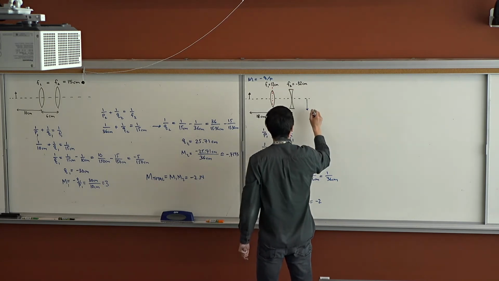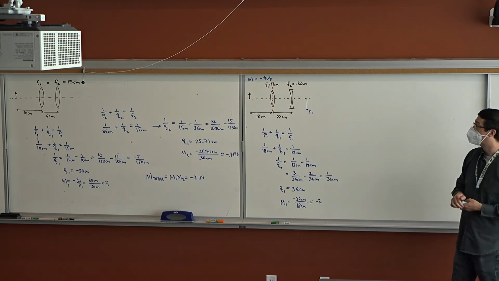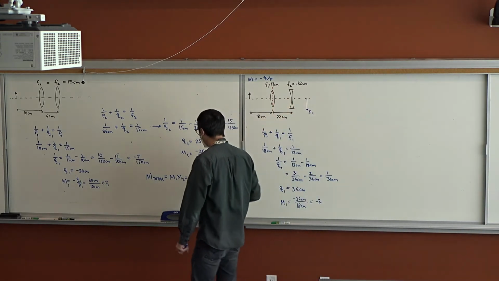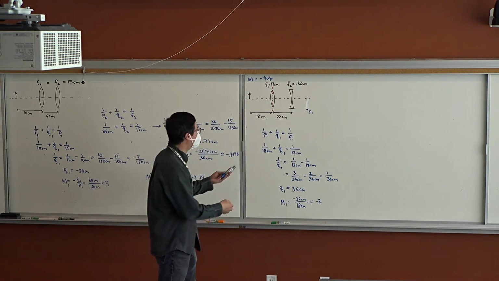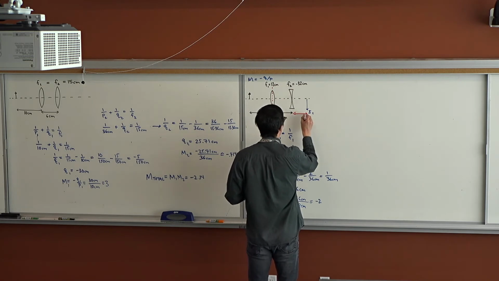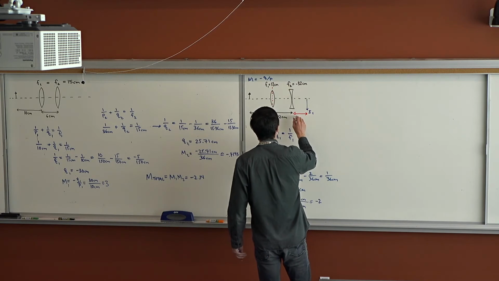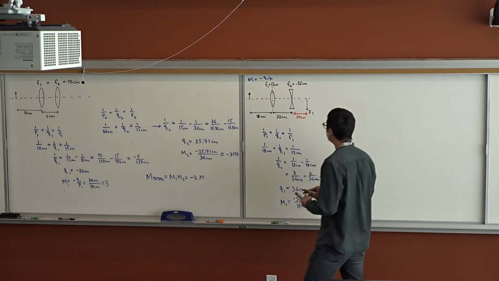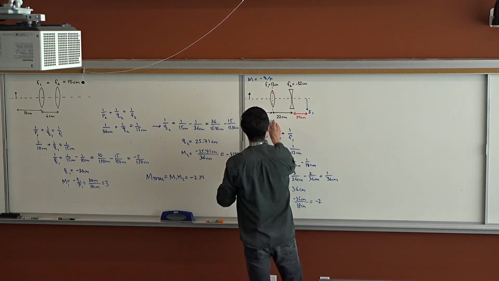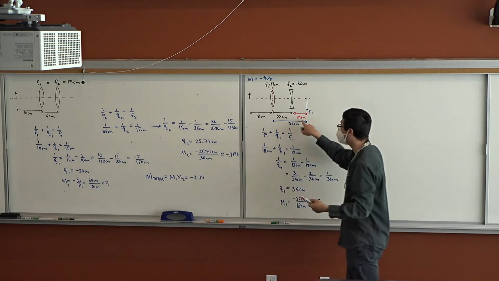And so this is the first image, right? The image from the first lens. We want to use this as the object for our second lens. And so this distance should be 14 centimeters, right? If this is 36 centimeters, this is 22, that's got to be 14.